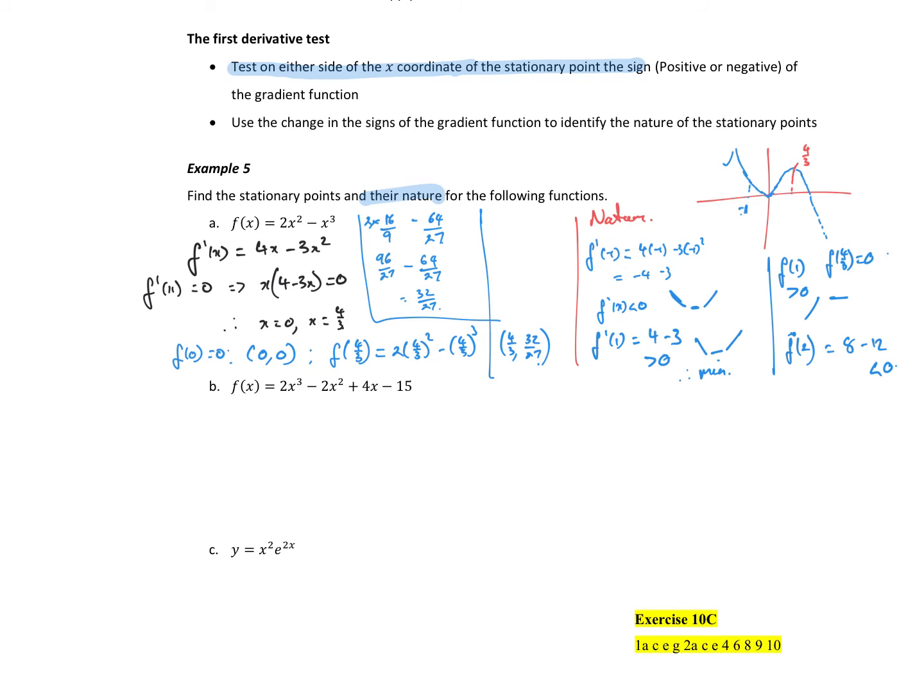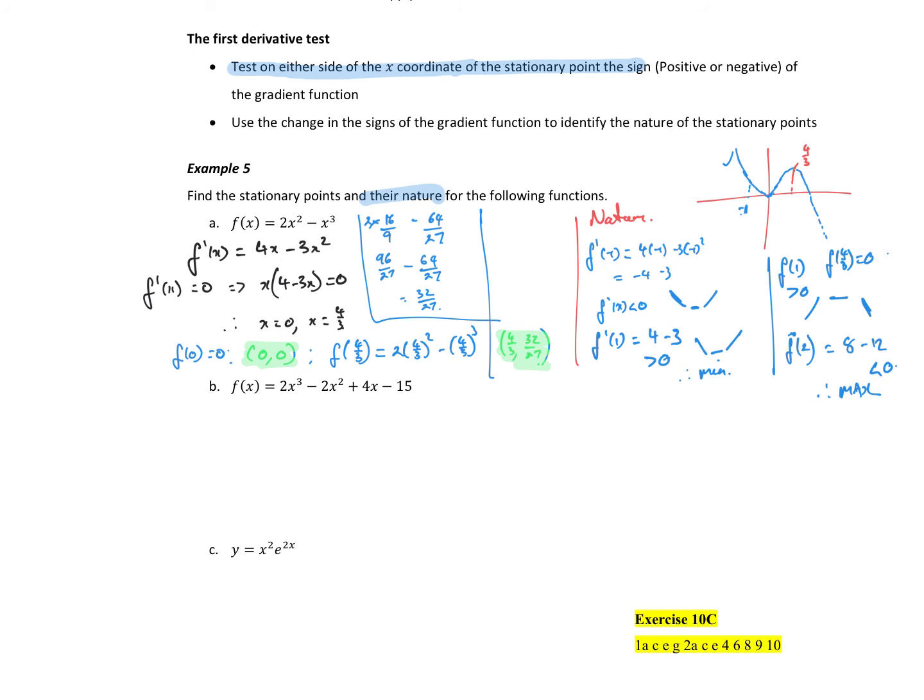So I've got a negative gradient, therefore it's a maximum at that point. So I know my stationary points: (0, 0) and (4/3, 32/27), and which one's a maximum and which one's a minimum.